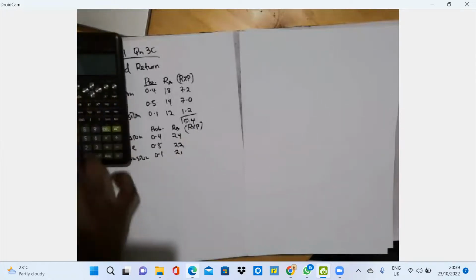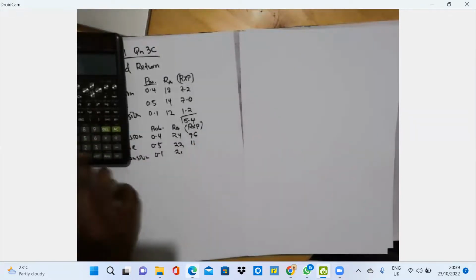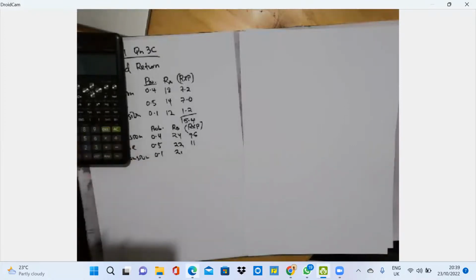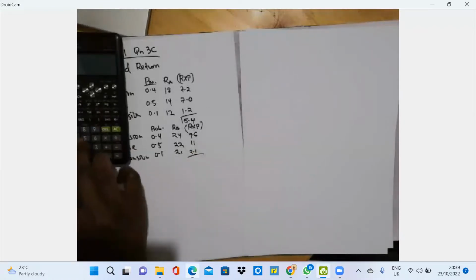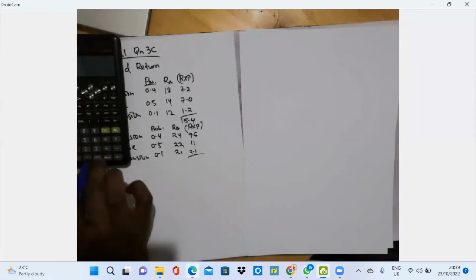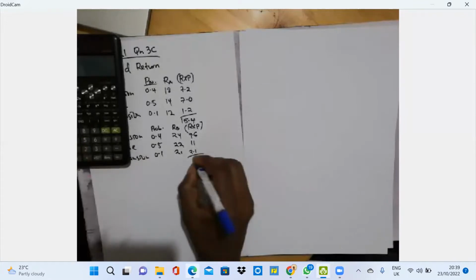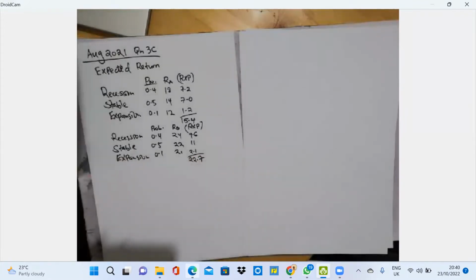So return by probability. 0.4 times 24, that is 9.6. 0.5 times 22, that is 11. 0.1 times 21, that is 2.1. So 11 plus 2.1 plus 9.6, that is 22.7.